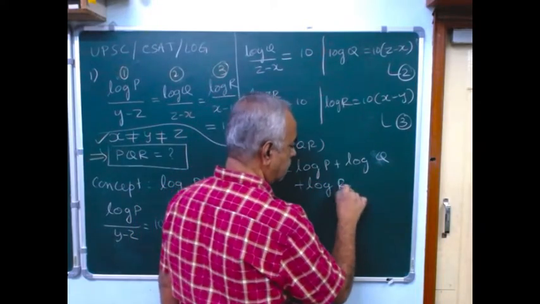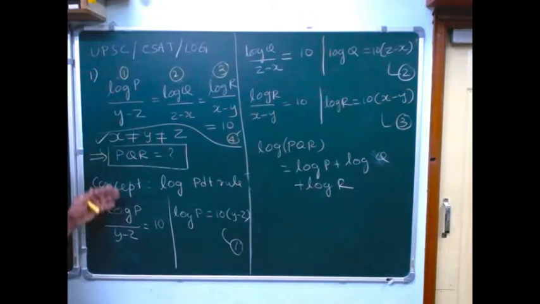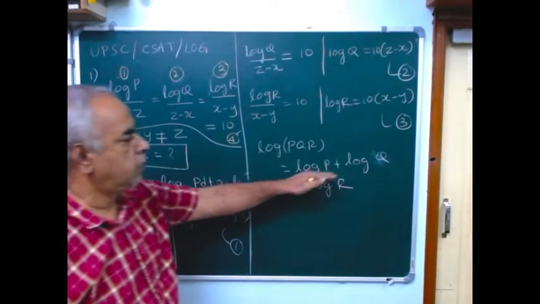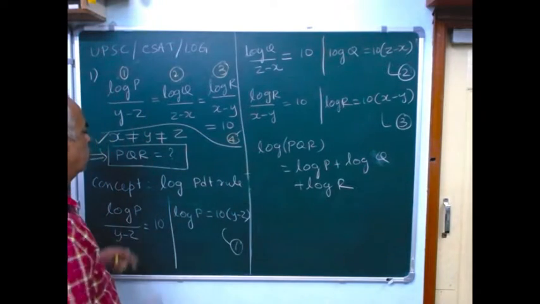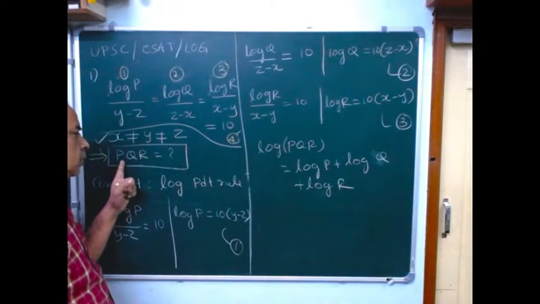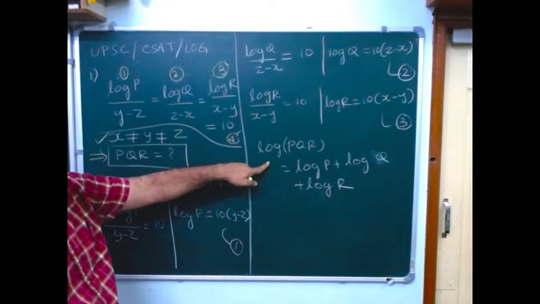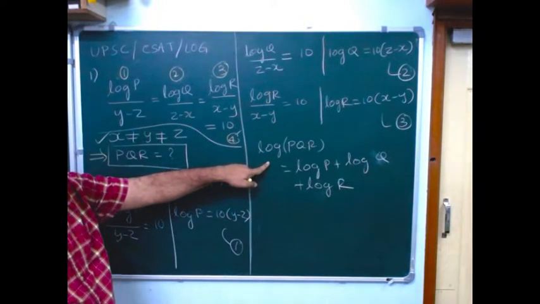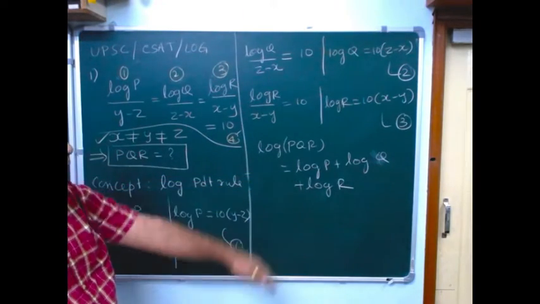By adding the three equations, particularly the respective LHS, we can get this term, and based on that we can obtain the value. Please note it is asked PQR, not log of PQR. So we have to take the anti-log of PQR. Otherwise, we can just compare with the RHS and get the value also.